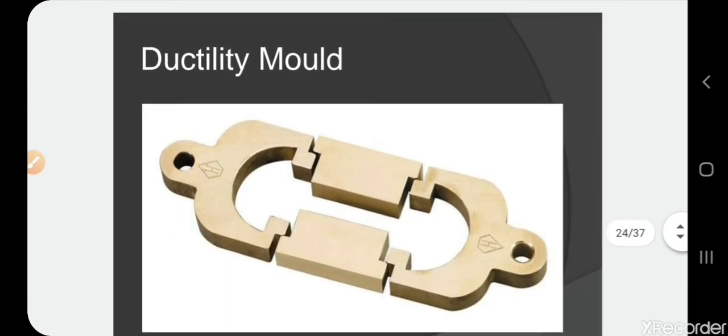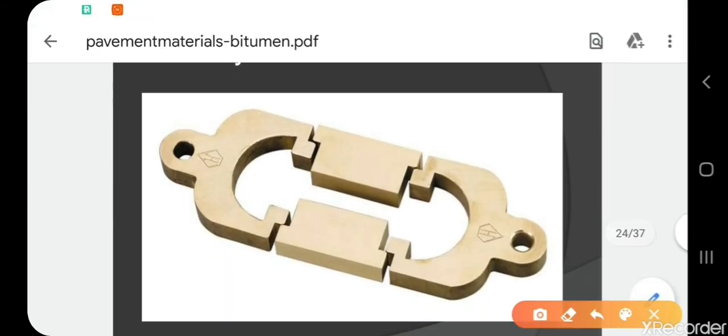You can see here this is called a ductility mold. The bitumen should be heated, and for all the inner surfaces of the ductility mold we should apply a non-viscous material. Because bitumen is sticky on the surface, to avoid that we should apply the interior material that is non-viscous.